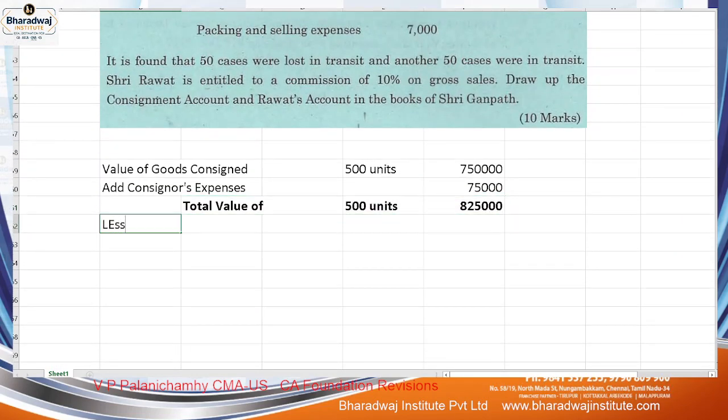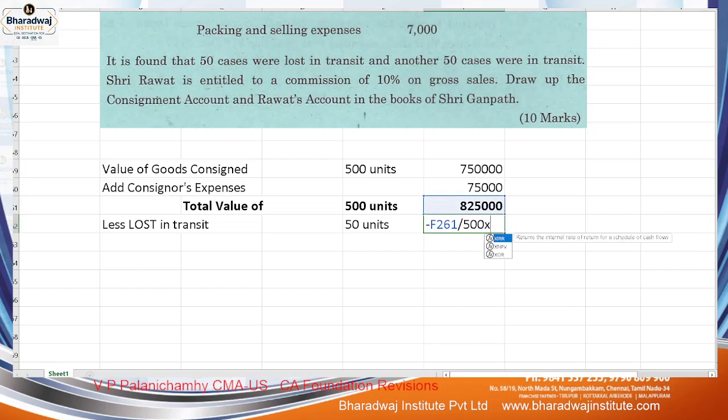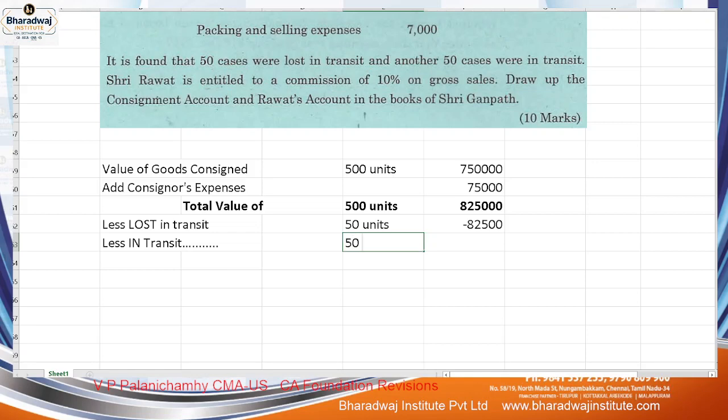Then less lost in transit first. Units lost in transit? 50 units. This is for 500, what is for 50? Then less in transit. In transit means not delivered. The same principle will apply in valuation. This is like a closing stock. This is lost.